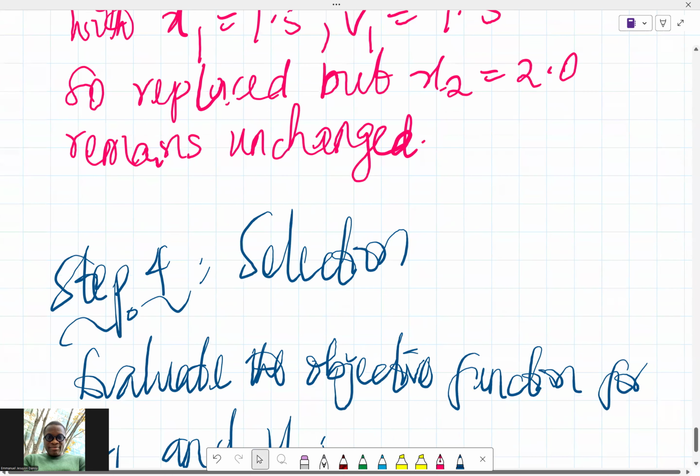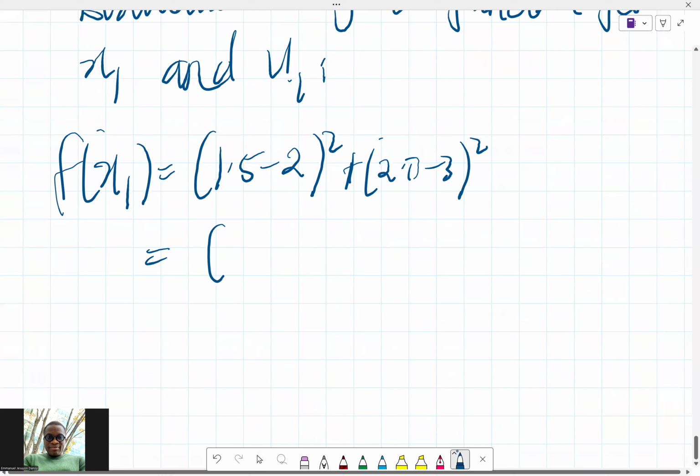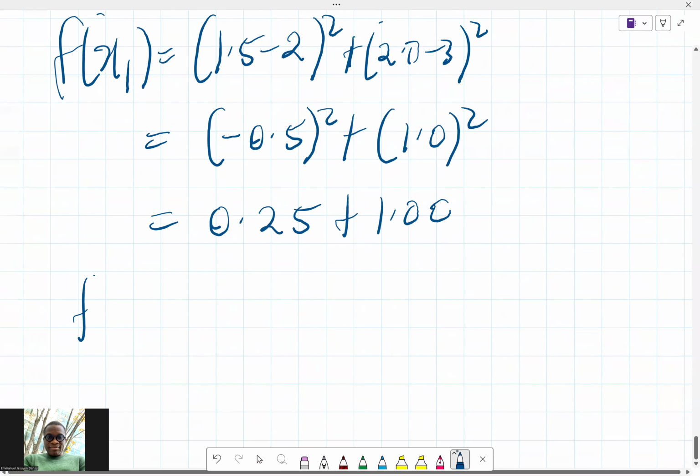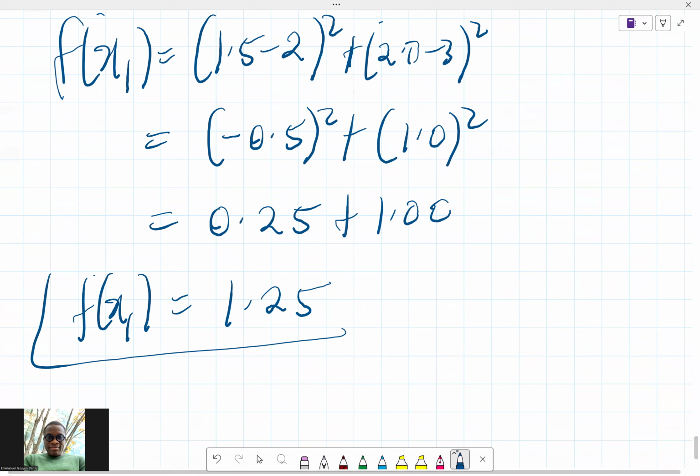So 1.5 minus 2 is minus 0.5 squared, and 2.0 minus 3 is minus 1.0 all squared. So we have 0.25 plus 1.00, and f of x1 is equal to 1.25.